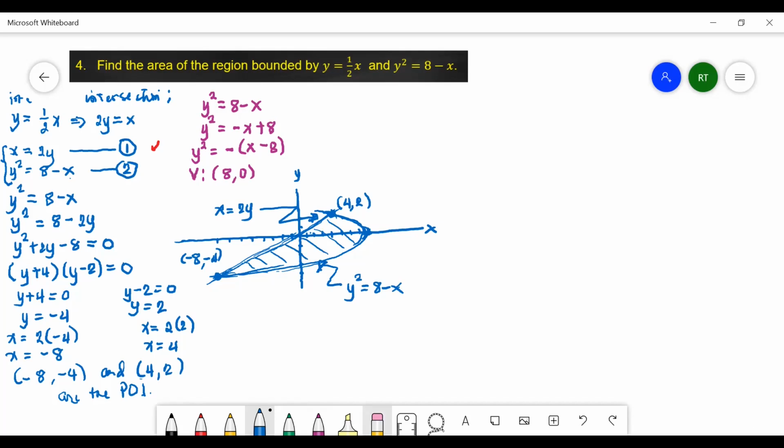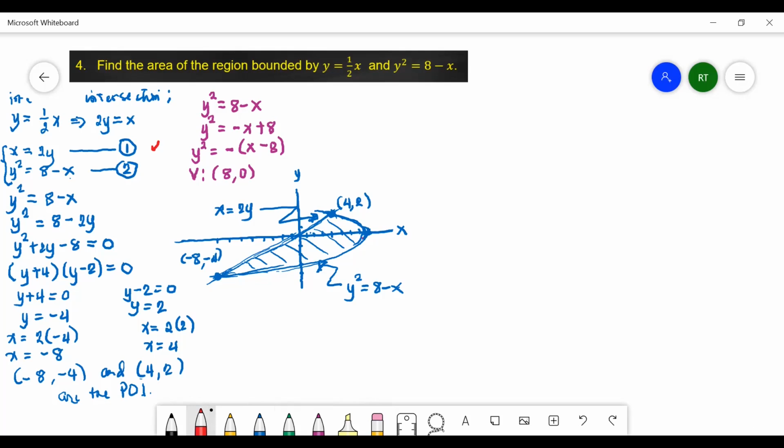Now, since the region is bounded on the left and on the right by the two curves, it will be more convenient for us if we will use the horizontal element. Please take note that if we use the horizontal element, it will be consistently bounded on the right by the parabola and on the left by the straight line.